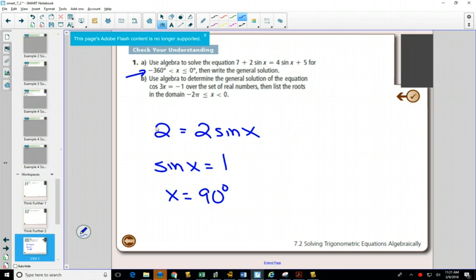The answer will be the same place, coterminal with 90 degrees, just in the negative direction. So 90 isn't actually part of my domain. My actual answer is what would be coterminal with 90 degrees going in the negative direction: negative 270 degrees.